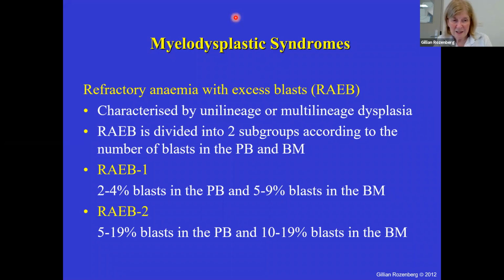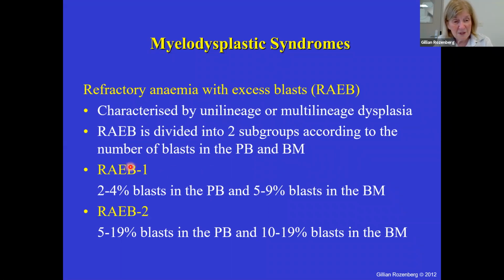So now moving to the next group, which is refractory anemia with excess blasts, characterized by unilineage or multilineage dysplasia, so more than one cell line sometimes. Refractory anemia with excess blasts is divided into two subgroups according to the number of blasts in the peripheral blood and the bone marrow.